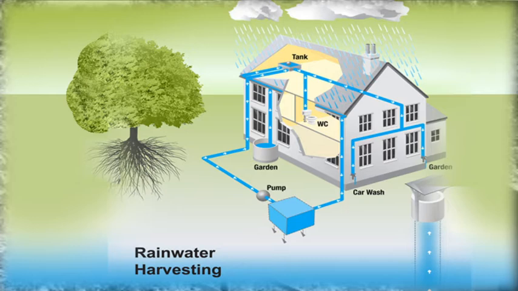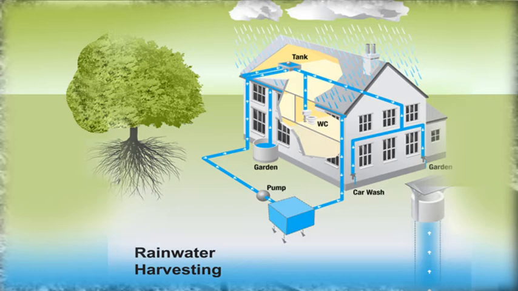So rainwater harvesting is a very effective way to conserve water, whereby the water could be used in the dry season. Now, this has been an age-old practice by our ancestors. They have been storing water, which was used in the dry season.